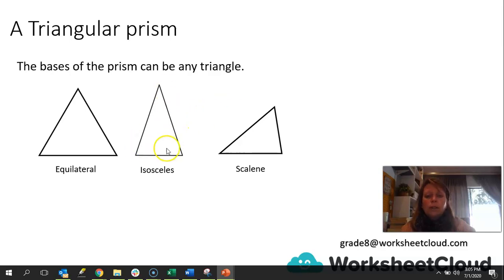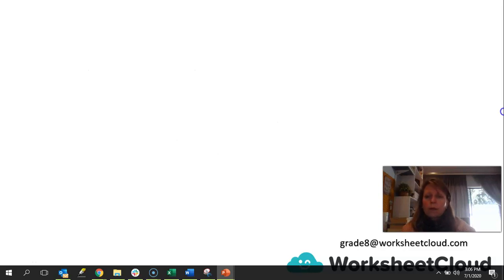Isosceles, we know that two of the sides are the same size and the other one is a different length. And a scalene triangle, none of the sides are the same. But these can all be bases of a triangular prism. Sometimes when we are working with these triangles, we might need to use the theorem of Pythagoras in some of the calculations to work out an unknown side. And as long as we have the perpendicular height, we are able to do that.